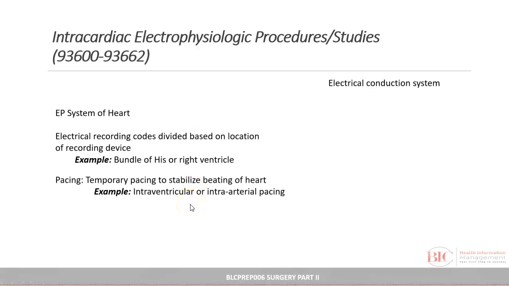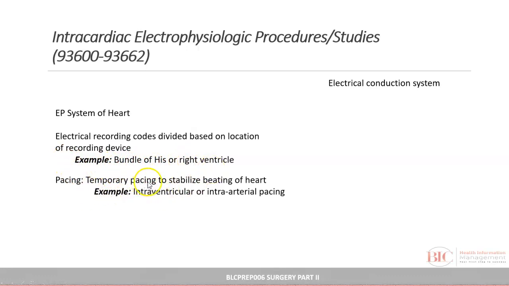Intracardiac EP procedures and studies, your range of codes here, 93600 to 93662. Again, this is the EP system of the heart. Here is where you would find the electro recording codes divided or based on the location of the recording device. Was it placed in the bundle of His or the right ventricle?